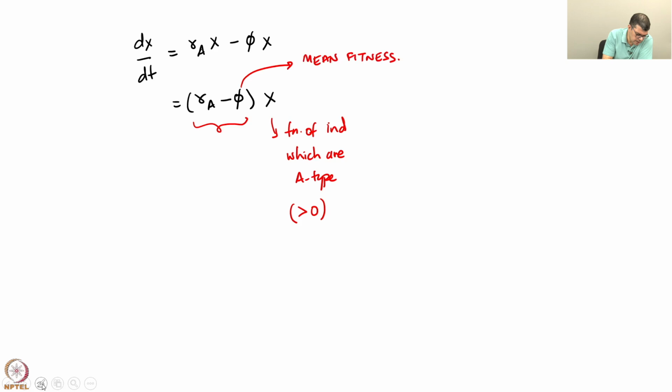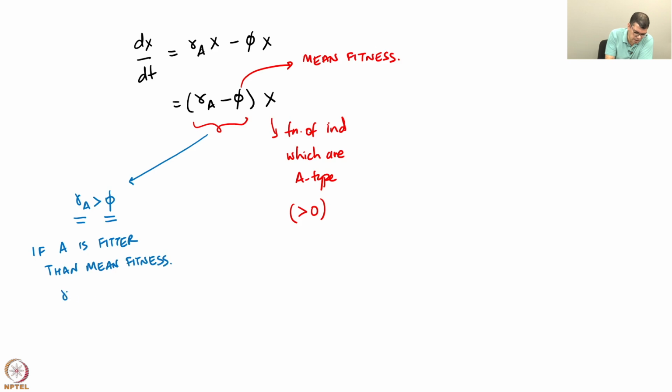So, what we are saying here is that in the case when RA, the fitness of A, is bigger than phi, so when A is fitter than the mean, in that case this quantity RA minus phi is also greater than 0, which means dx by dt is equal to (RA minus phi) times x, where this quantity is greater than 0 and this quantity is greater than 0.